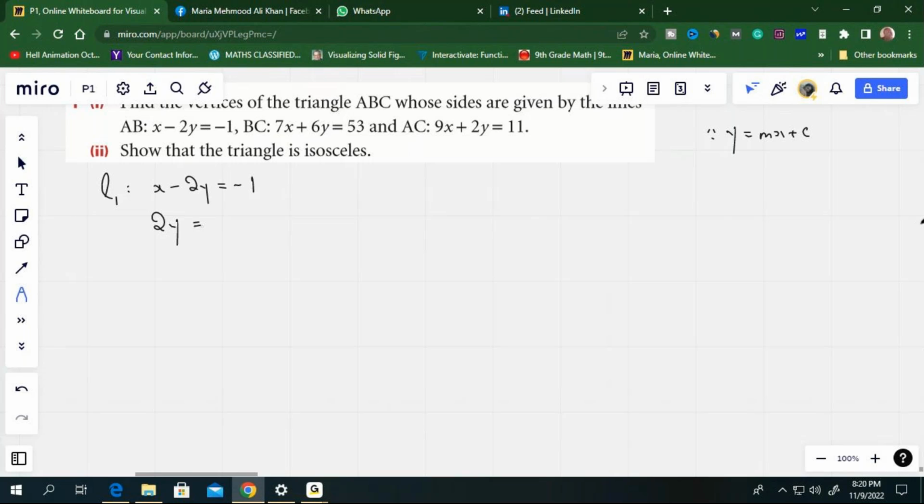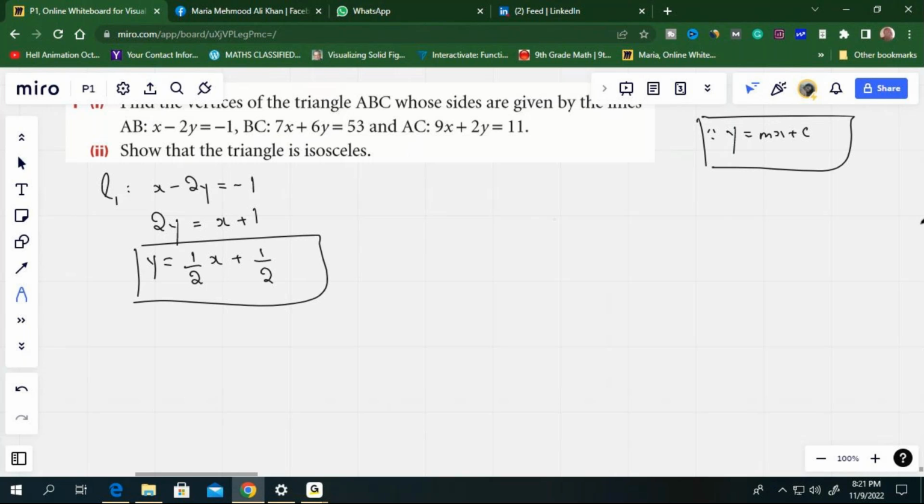So I shift the minus 2y to the other side and the plus 1 over here, and it gives this form: y equals half of x plus half. If I compare this equation with the standard linear equation, I know that my slope is half and my y-intercept, c, is also half. So the y-intercept point is (0, 1/2).